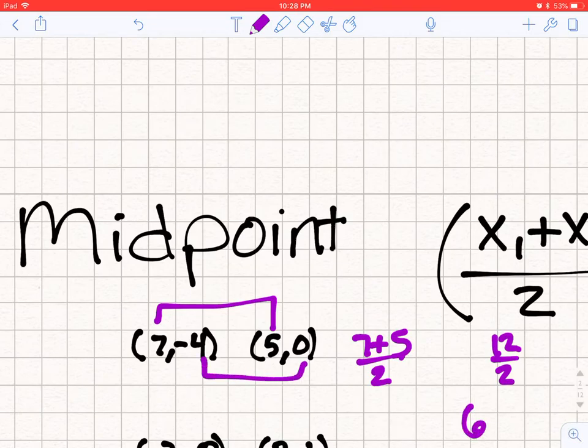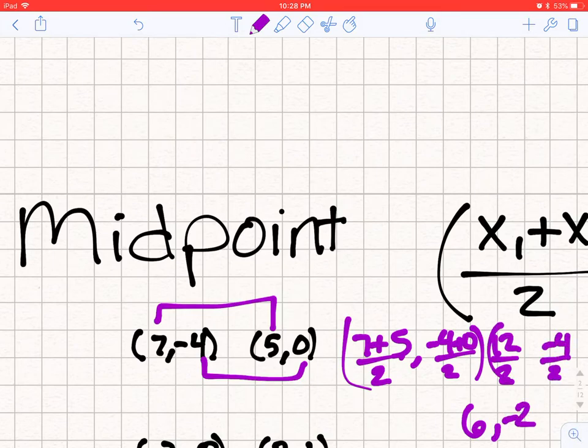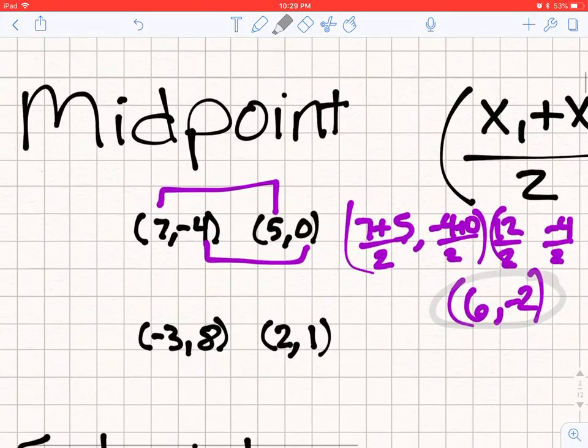Then look at my y's: negative 4 plus 0 divided by 2. That's negative 4 divided by 2, which is just a negative 2. Therefore, my answer, midpoint right in between those, which should make sense, is (6, -2). If you're a visual person, plot the points, fold the paper so the points line up, and you're going to have the midpoint.